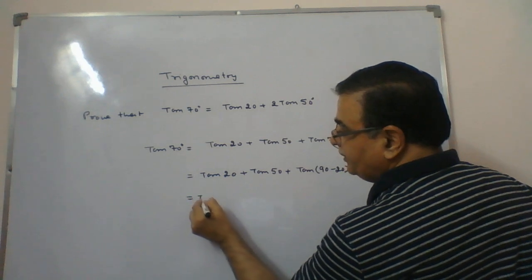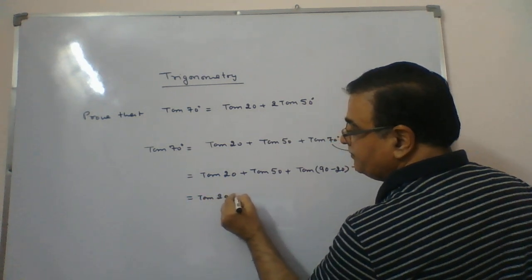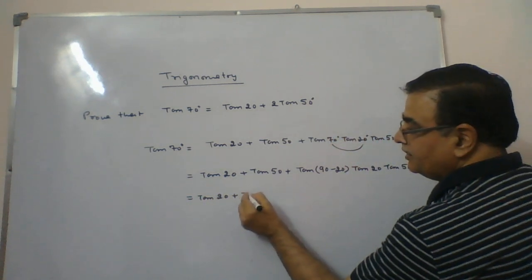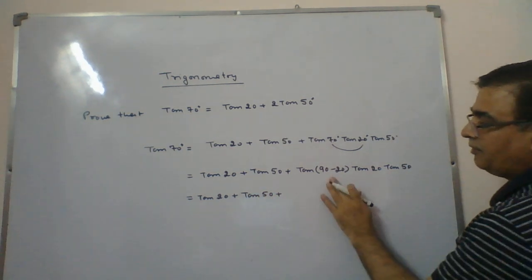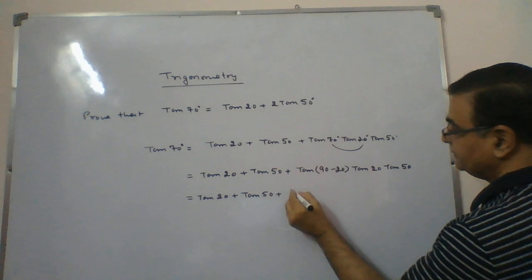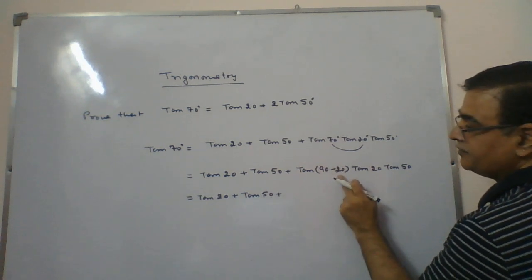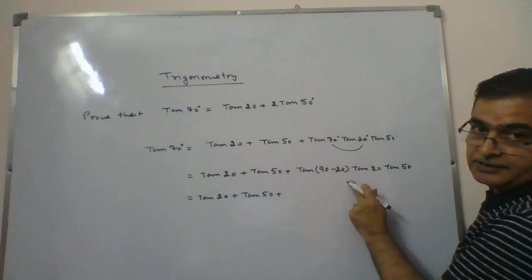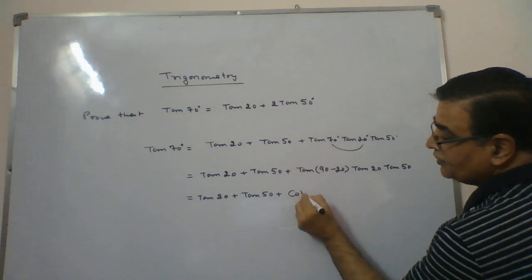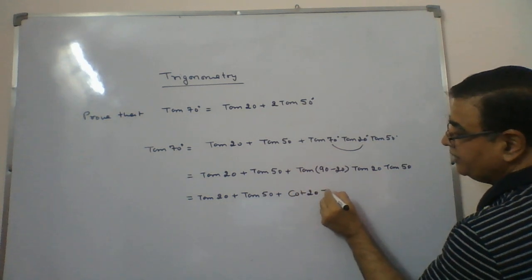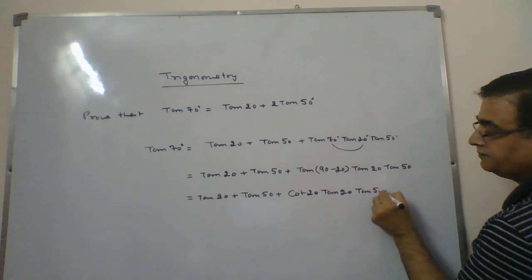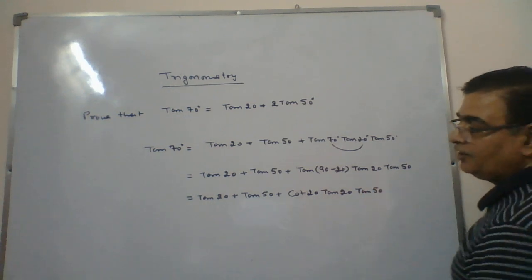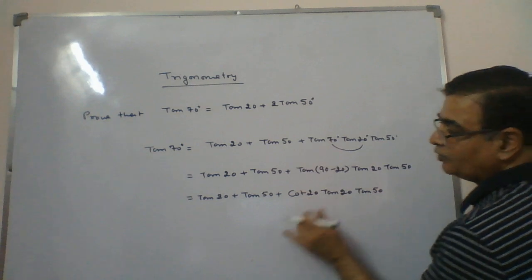Now when you solve it, it will come out to be tan 20 plus tan 50 plus, this will come out to be tan 70, tan(90 minus 20). Is tan(90 minus theta) equal to cot theta? So it will be cot 20, tan 20, and then tan 50. Cot 20 and tan 20 will make 1.